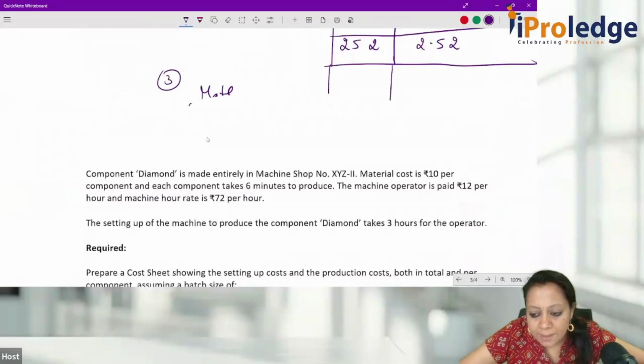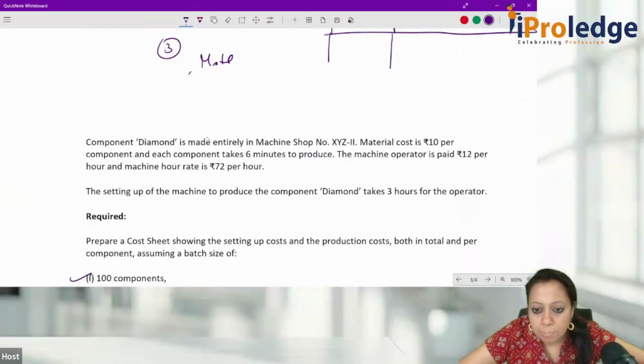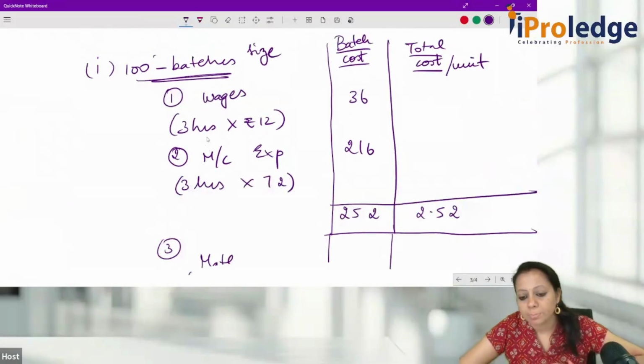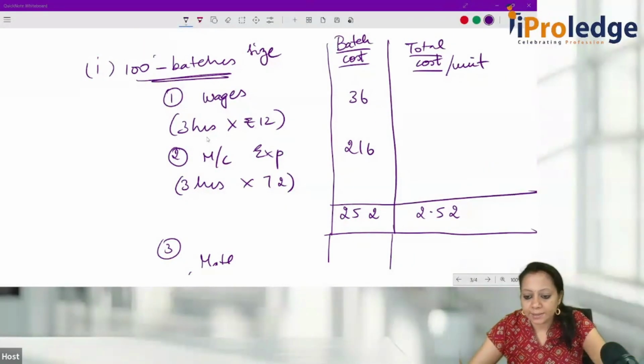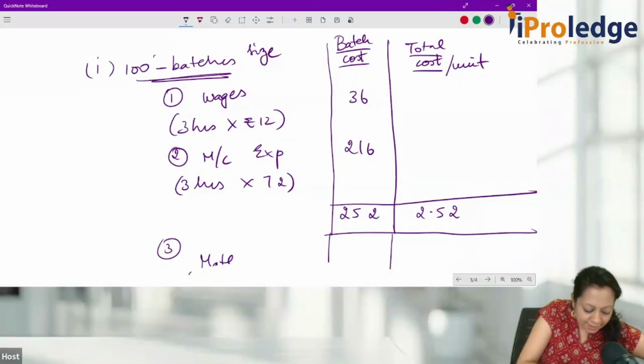I was just thinking there is a printing mistake in the question. Well, correct. I'll just check this. I just feel there is some printing mistake. Before I proceed, I'll just check.